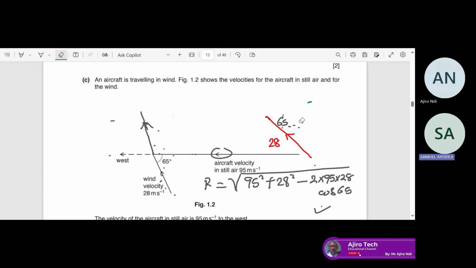Although they didn't ask me to draw it, if I want to draw it, it will be like this. Let me change it. This is 95. This will be my 28. This is 95.